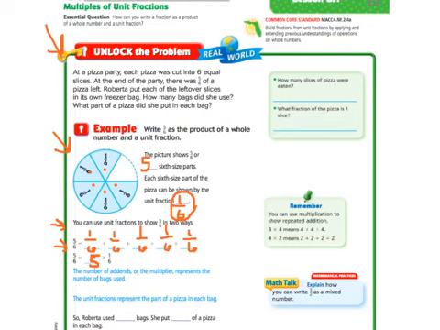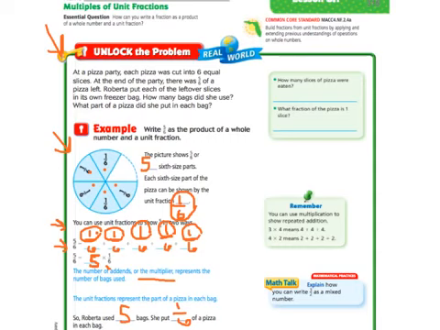The number of addends, so here we have 5 addends, or the multiplier, represents the number of bags used. So we had 5 bags used, and each of them was 1/6 size. So Roberta used 5 bags. She put 1/6 of a pizza in each bag.